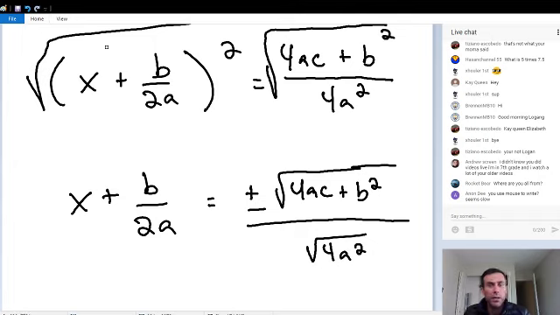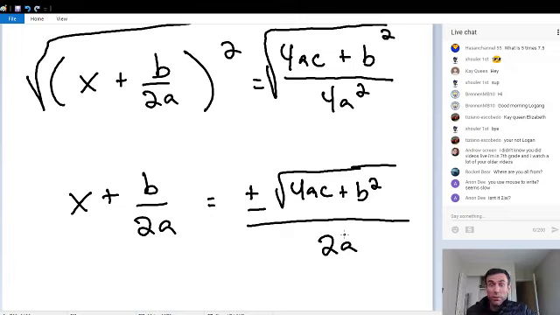So we can erase the square root of 4a squared and rewrite this as 2a instead. All right, so we have 2a in the bottom, and we're getting close here, guys.